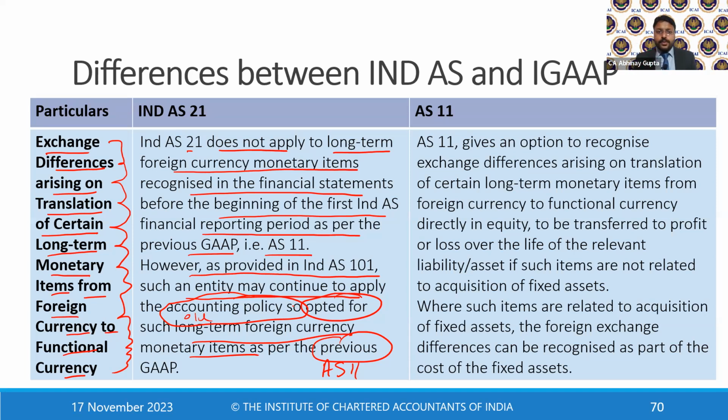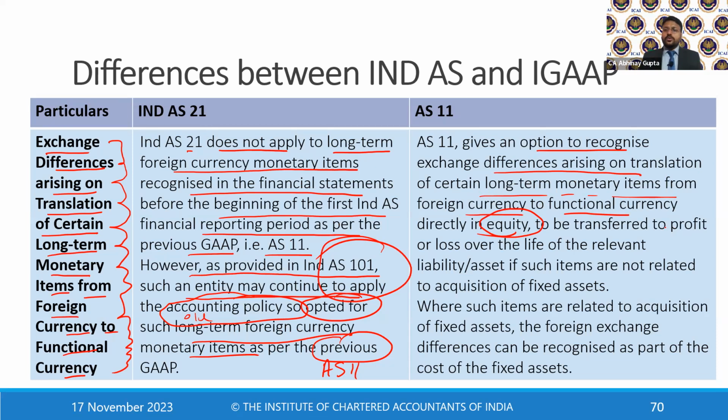So this is another gap because of this Ind AS 101, right? If Ind AS 101 does not provide any such relaxation, then this wouldn't have happened here. Now, AS 11 gives an option to recognize exchange difference arising on the translation of certain long-term monetary items from foreign currency to the functional currency directly in equity, right?